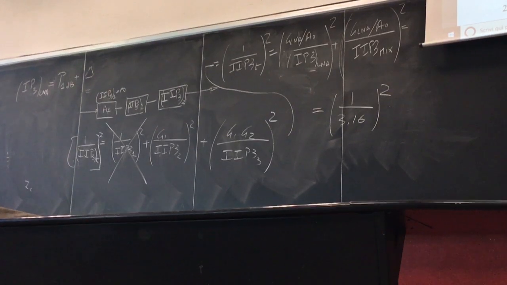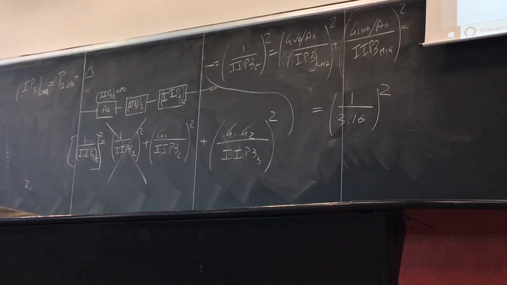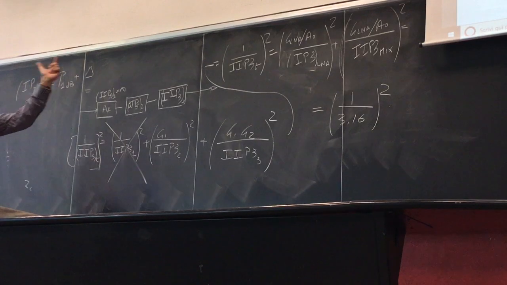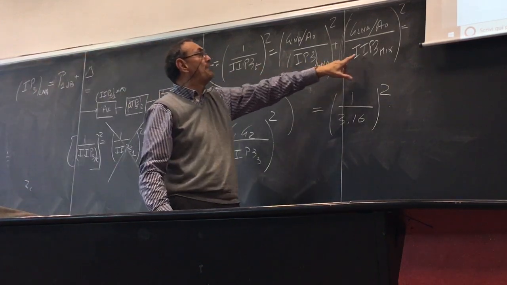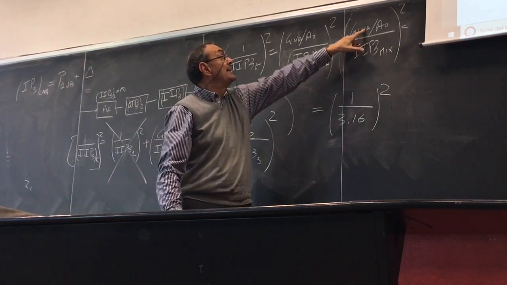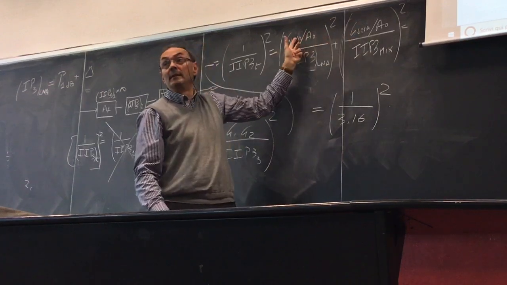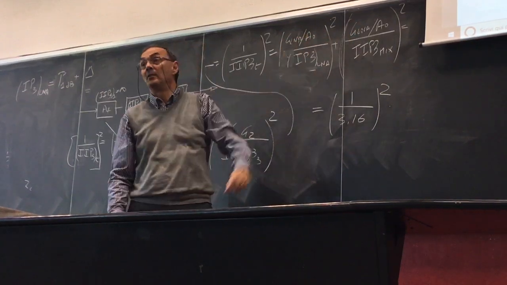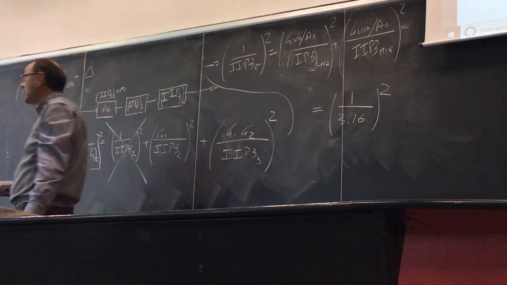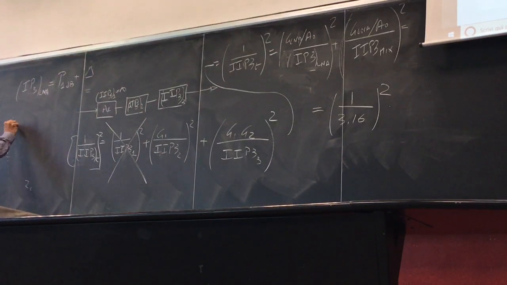Well, we know that our unknowns are represented by P1 dB and IIP3, which means IP3 of the low noise amplifier and IIP3 of the mixer. The other parameters, these ones, are known because G_LNA and A0 have been determined before. G_LNA has been selected to be 10.